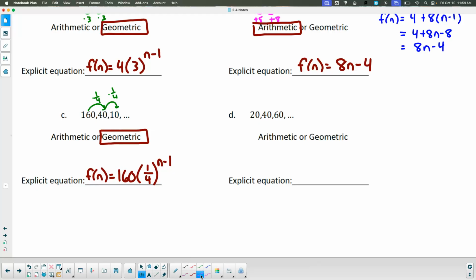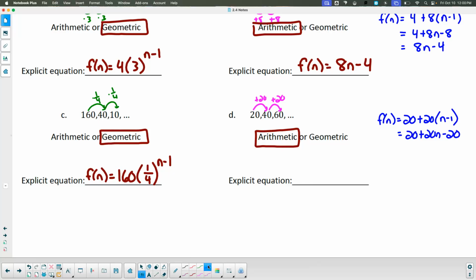In part D, we are adding 20 each time. That makes this one arithmetic. So we would have f of n equals 20 plus 20 times n minus 1, which is going to be 20 plus 20n minus 20.